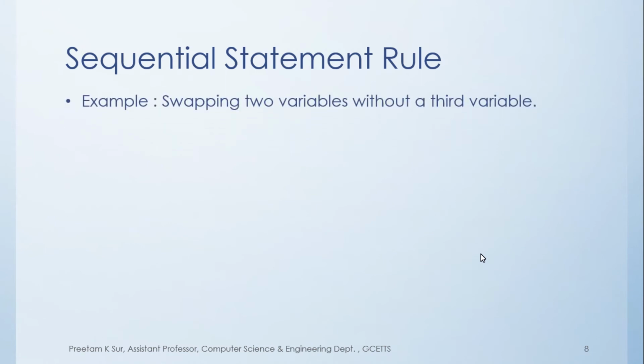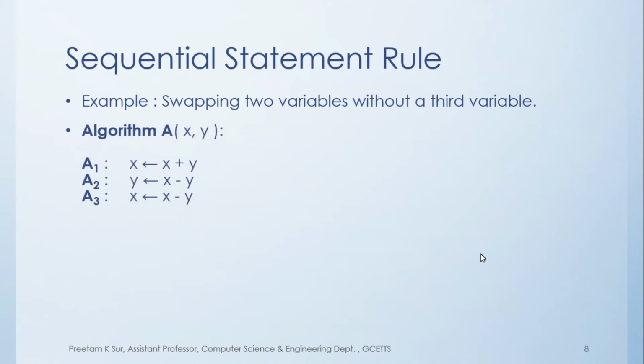Let us take an example of swapping two variables without a third variable. Suppose we call this algorithm A, and it is taking two variables x and y. We are trying to swap the values of these two variables without using a third variable.